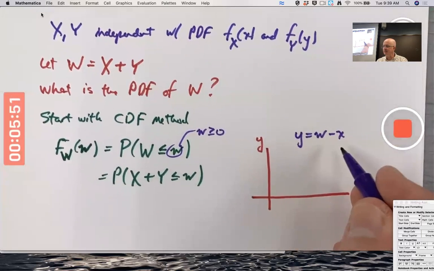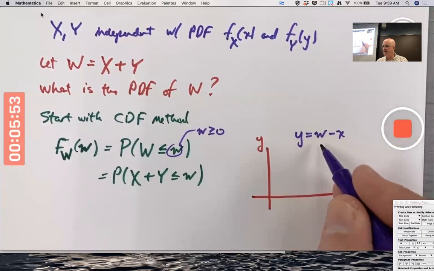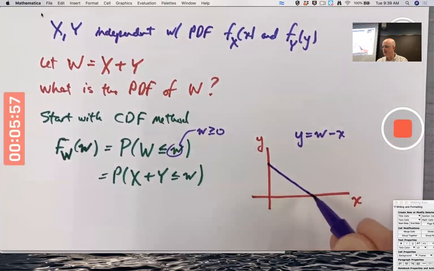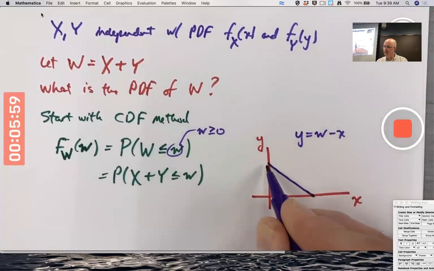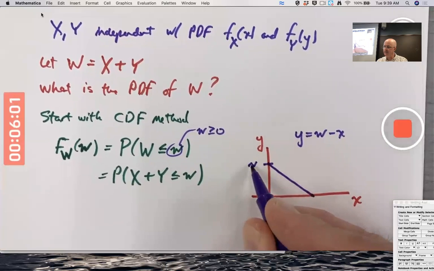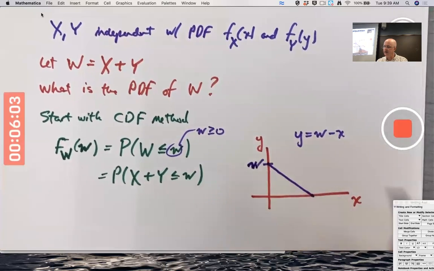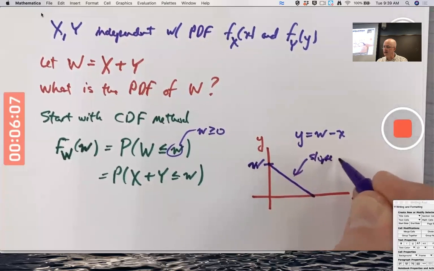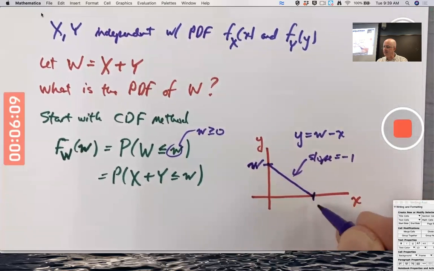This line has a y-intercept of w and a slope of -1. There it is right there. The y-intercept is little w, the slope is -1, and therefore the x-intercept is also little w.